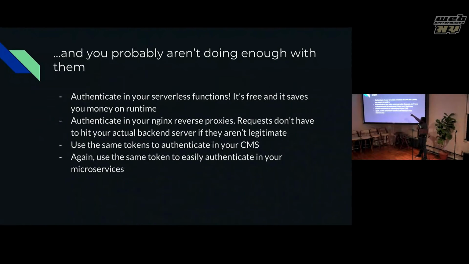Nginx is an example, but you could do it in Caddy and several others. Again, if you're using a reverse proxy to either load balance or protect your various networks, all that stuff, you can authenticate right there and prevent any requests that don't have a JWT or have an expired one from hitting your actual node API or anything directly. You can use that same token to authenticate in your CMS if you're using one.